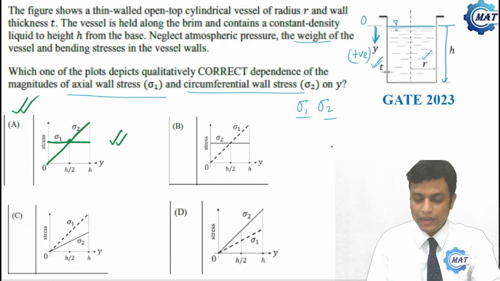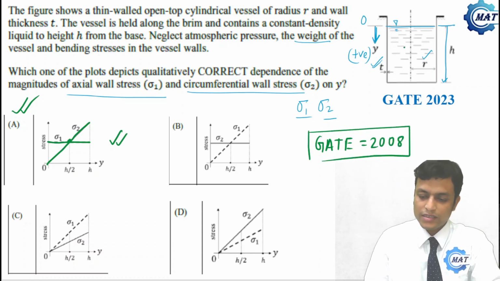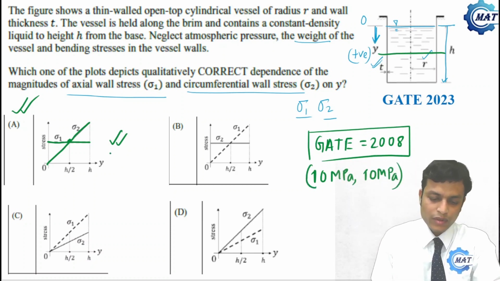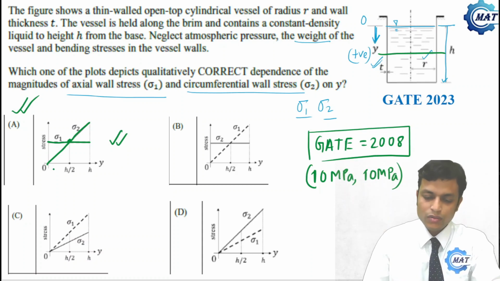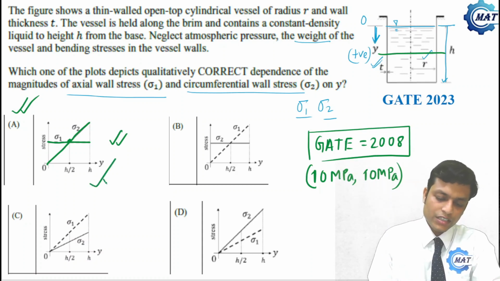There was a problem in GATE 2008 that we solved earlier, which asked for the stresses at mid depth, and we saw both were 10 MPa. The value was the same, so you can take reference from that problem to calculate the value. I am not calculating the value here, just explaining how they will vary. So this variation is the correct one.